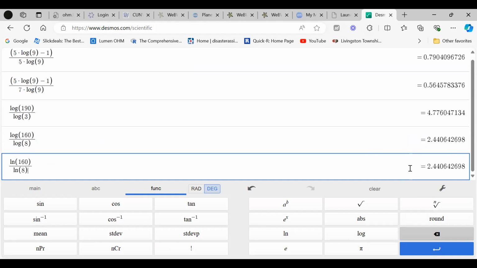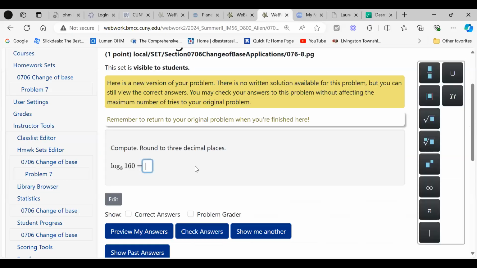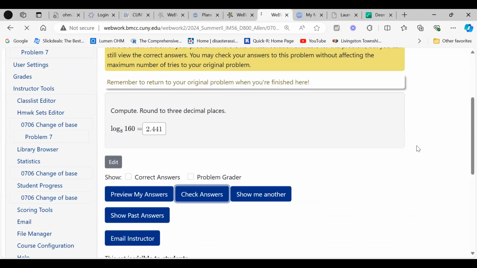Yep, same result, 2.441. So the answer is 2.441. Put it back, check it. Go back. 2.44. That should do it.